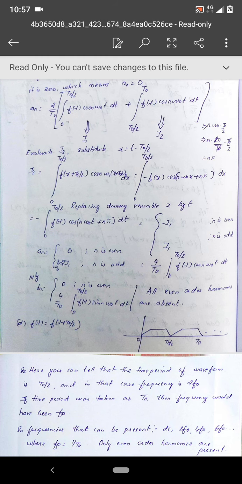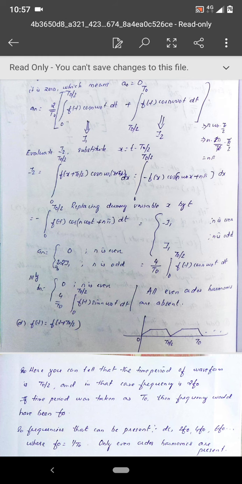Then 2 times f naught is present, 4 times f naught, 6 times f naught. You can prove in a similar way as we discussed for the third half wave symmetry that in this symmetry all odd order harmonics are absent. Only even order harmonics are present.